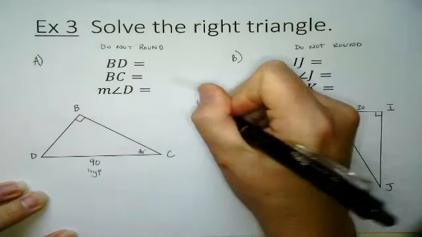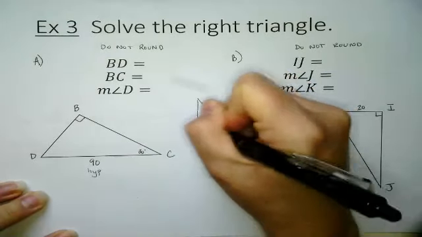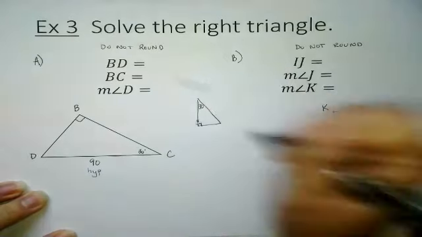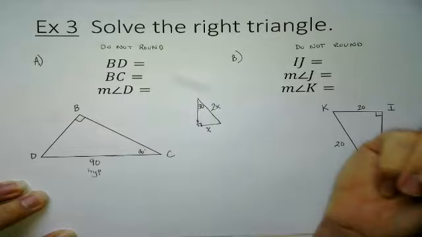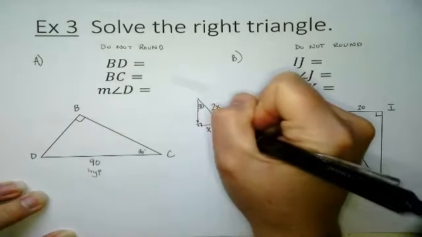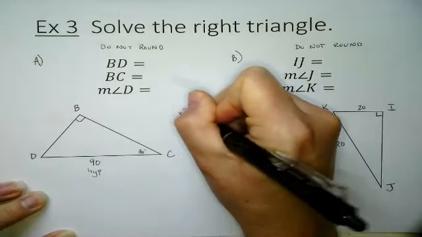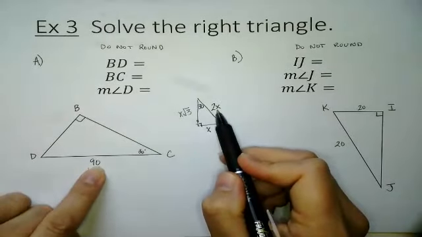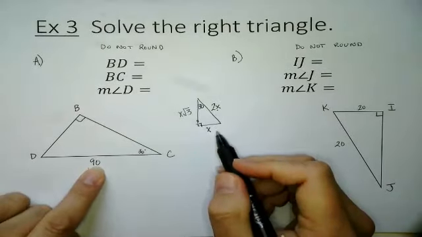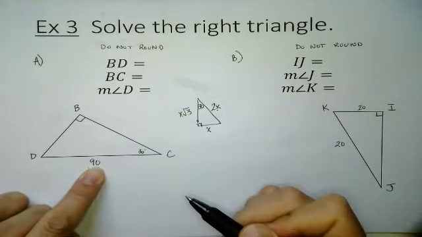And in our little 30-60-90 sketch here, if you had a 30-degree side, it was x, then the hypotenuse was twice that length, and the middle side was x radical 3. So if I know that I have the hypotenuse, this is twice my smallest side. My smallest side is over here.